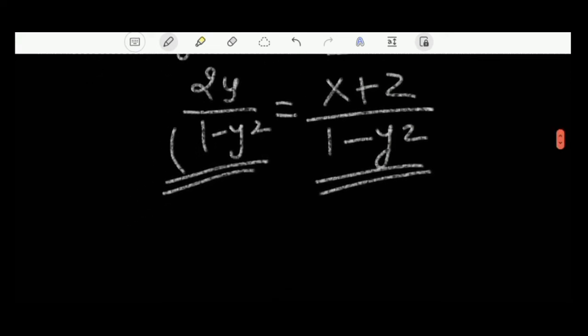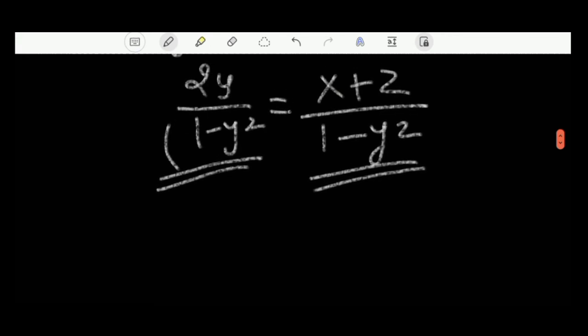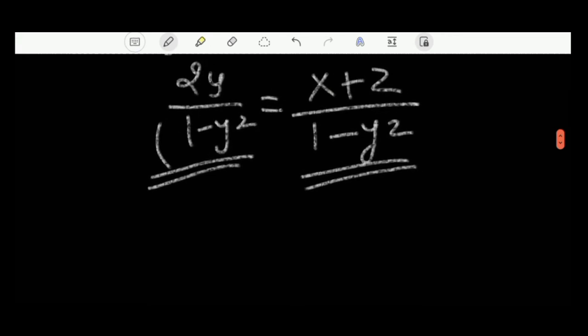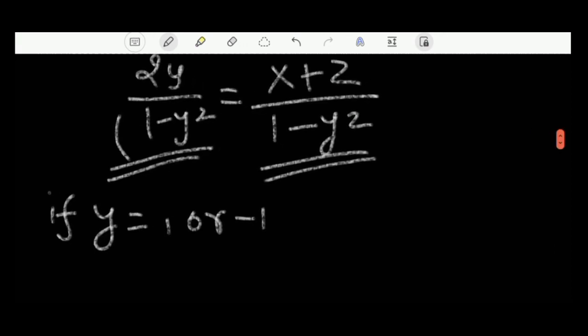But before cancelling them out, you have to consider one thing: if y is equal to 1 or minus 1, then in that case we cannot cancel them out, because any quantity cannot be divided by 0. Division by 0 is undefined.